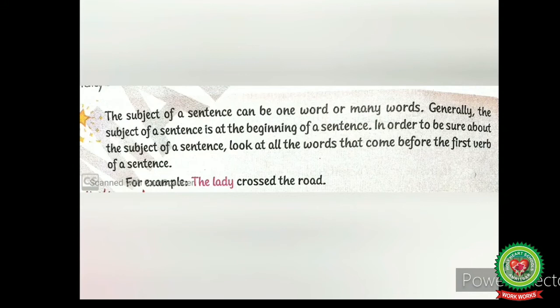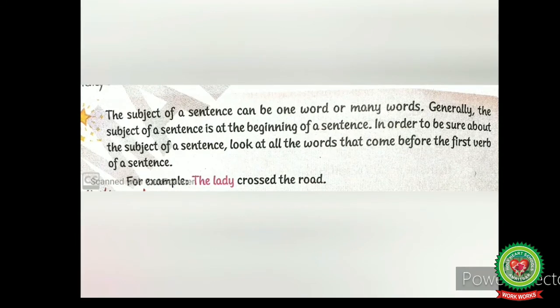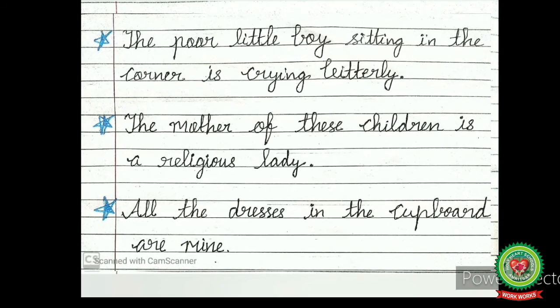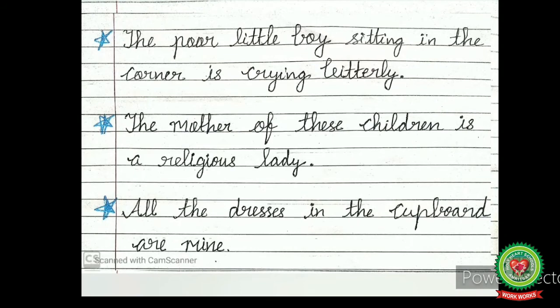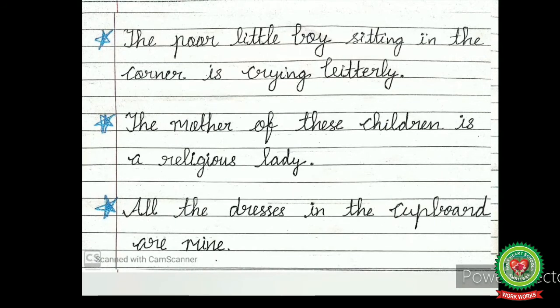Now we'll discuss some more examples related to this topic in order to have clear understanding of the topic. So let's start and read these sentences. First one is, the poor little boy sitting in the corner is crying bitterly. Second one is, the mother of these children is a religious lady.